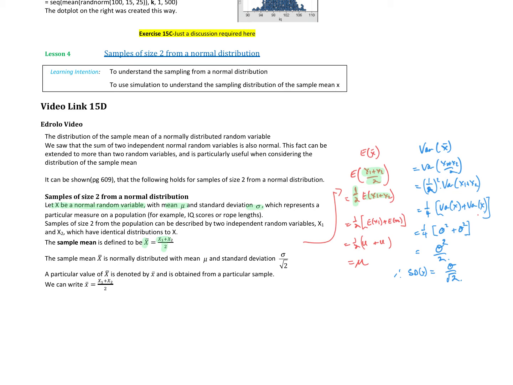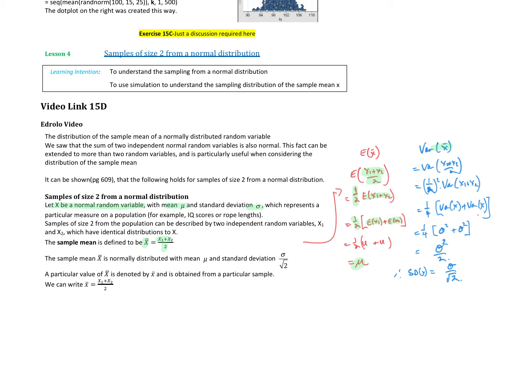So the expected value is the individual expected values times a half. And obviously very quickly we get mu plus mu, which is 2 mu, times a half. So as we expect, if we've got a sample of 2, the expected value is just the average of those 2, which is just the original mu value itself.